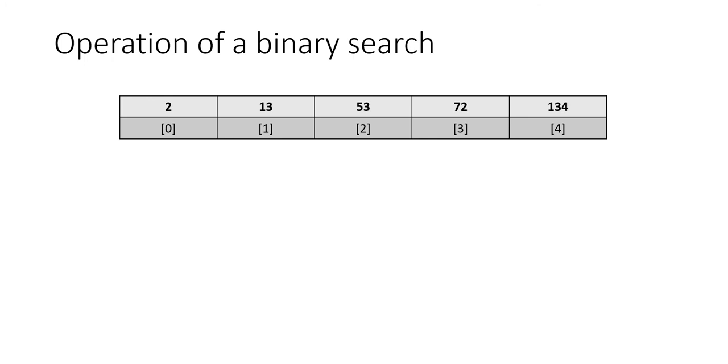Okay, so a binary search, how does it work? Let's just recall how a linear search works. A linear search would go from the first item, if it didn't find what it was looking for, to the next one, to the next one, to the next one.